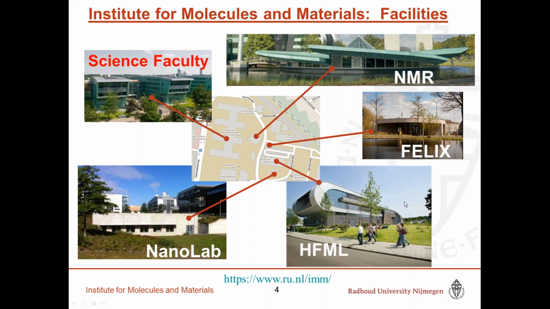This is the HFML, the High Field Magnet Laboratory, which gives you continuous magnetic fields up to 30 Tesla and higher. And finally, this is the NanoLab, a vibration-free facility where scanning probe microscopy, like scanning tunneling microscopy and atomic force microscopy, are performed.